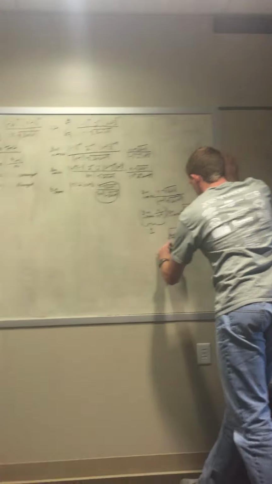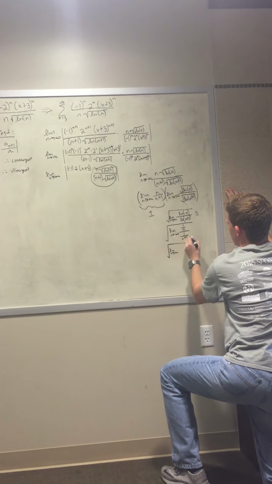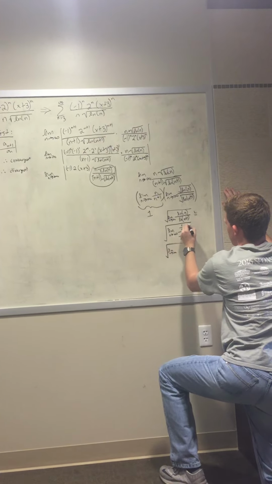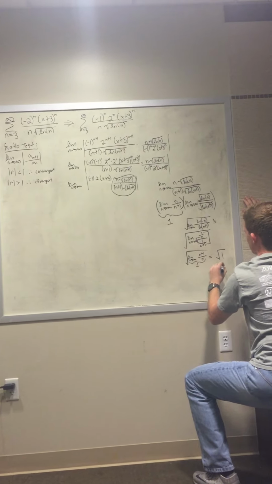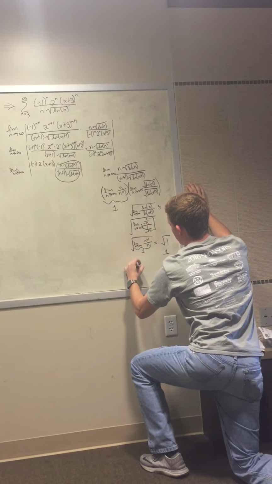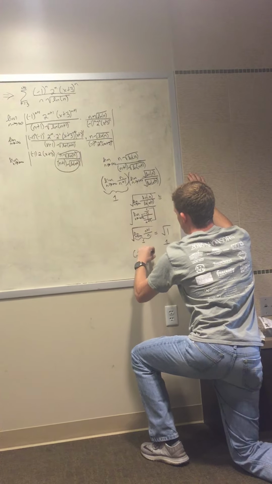So then it will be limit as n goes to infinity. Bring that to the top, bring that down will be n plus 1 over n, which we already defined that limit as n goes to infinity of n plus 1 over n goes to 1. So that equals square root of 1, which will equal just 1. So we'll end up with a 1 times 1, which just equals 1. So we know that this whole thing goes to 1.